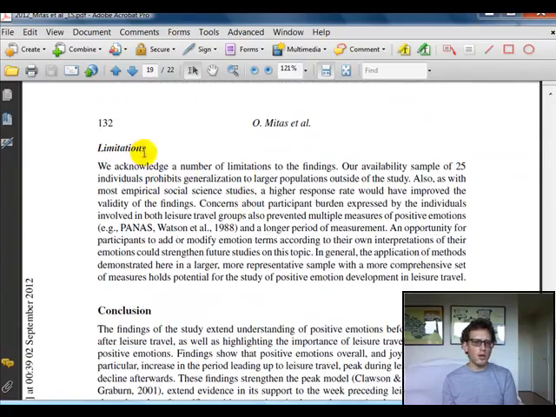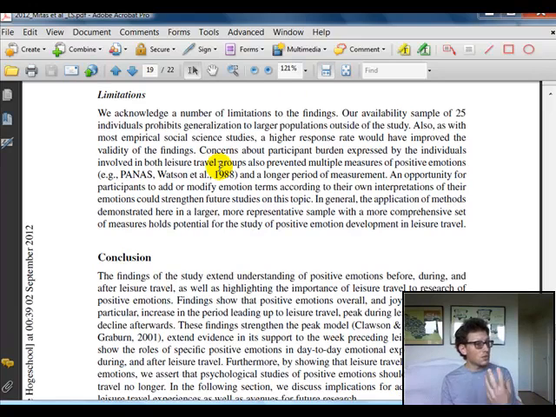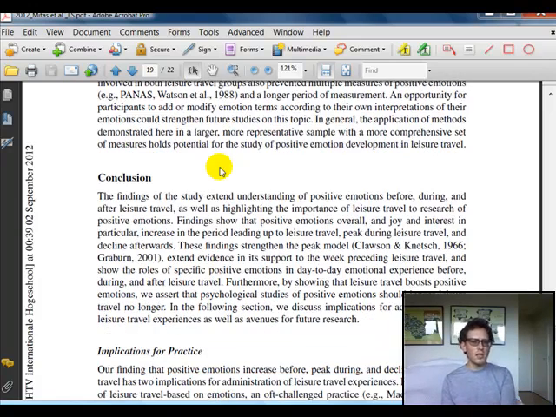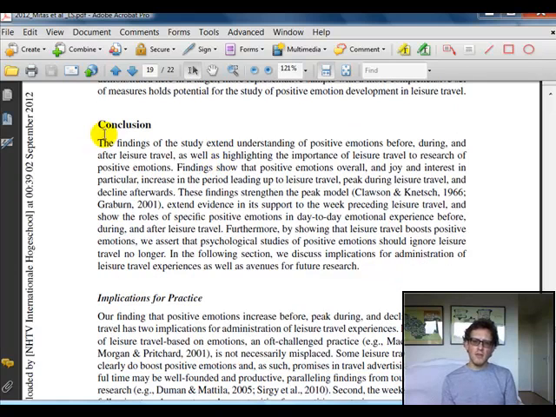I also have a little part called limitations, where I talk about things I did in my study that maybe weren't that good, or mean that you can only interpret the findings so much. There's still some knowledge missing in spite of what I contributed. And then I have a section called the conclusion.